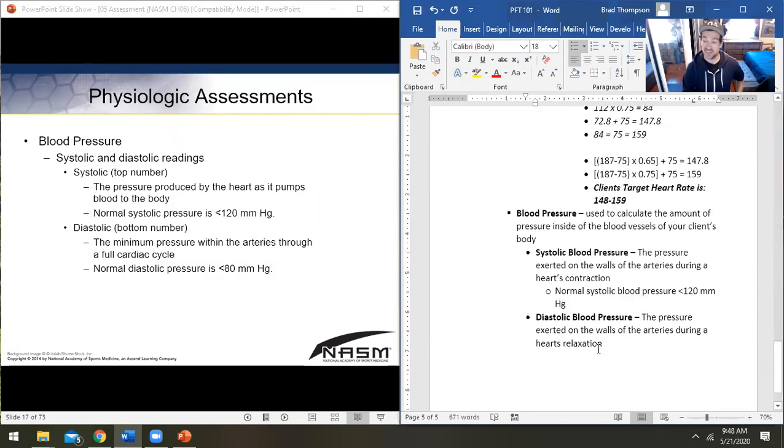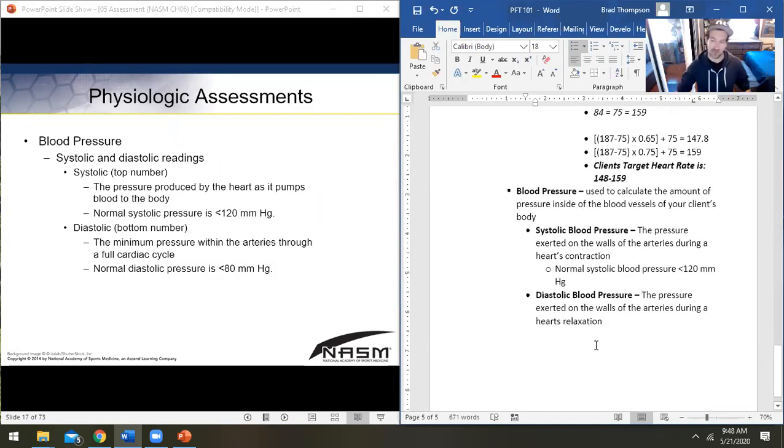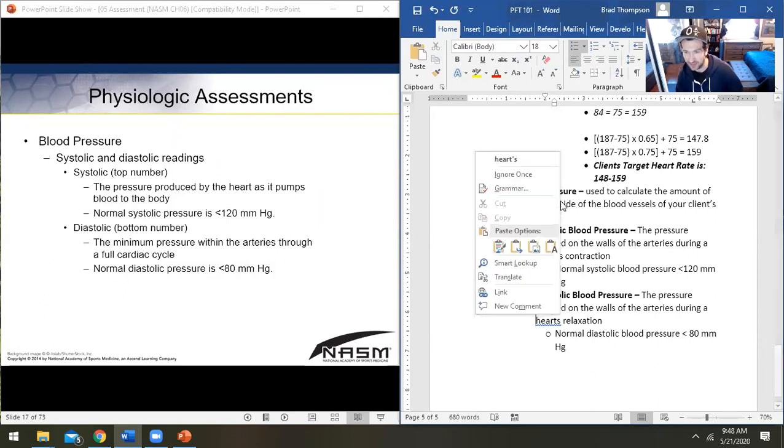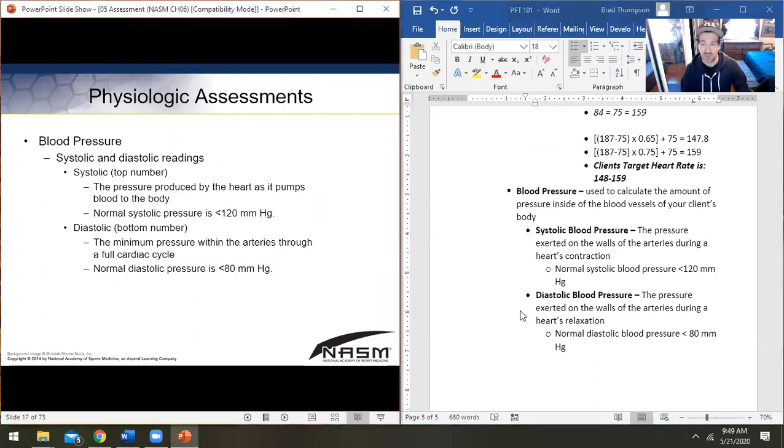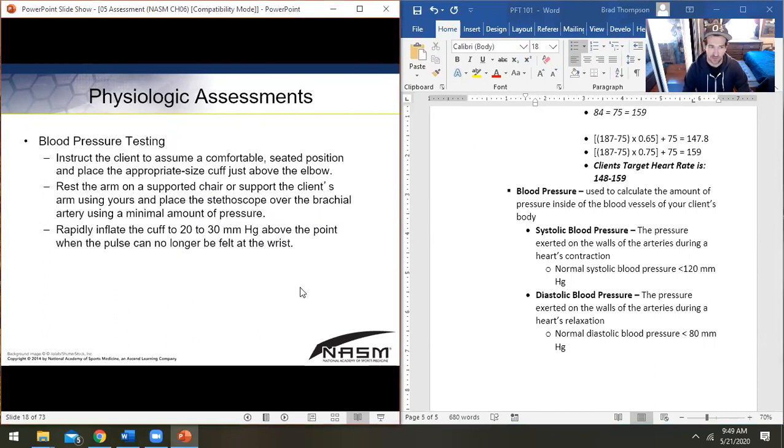So when your heart relaxes, this is the amount of pressure like sucking in basically. And so normal diastolic pressure is going to be less than 80 millimeters of mercury on that cuff, right? So that's your normal blood pressure. You just need to know it's 120 over 80. That's basically what they're looking for there.